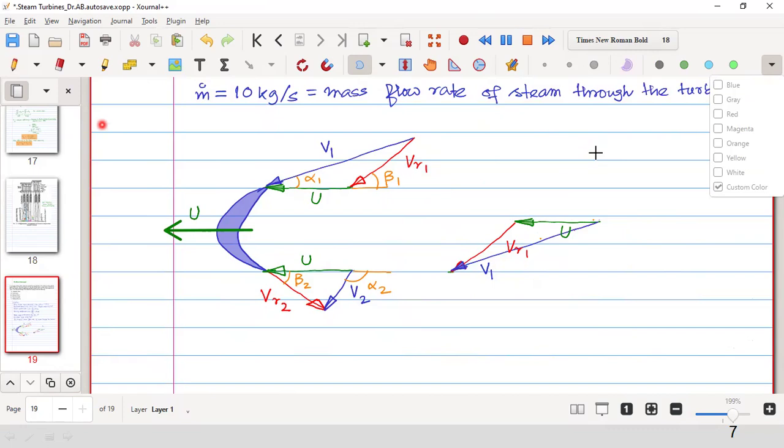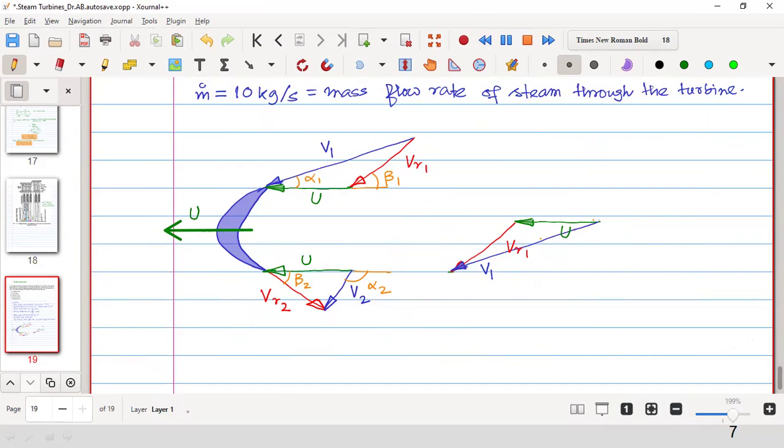Next, this is therefore VR2 in this direction.